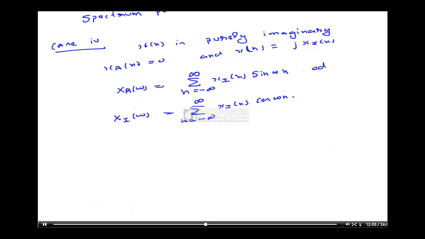So this is odd and this is even. We can say by this X(omega) is conjugate antisymmetric.